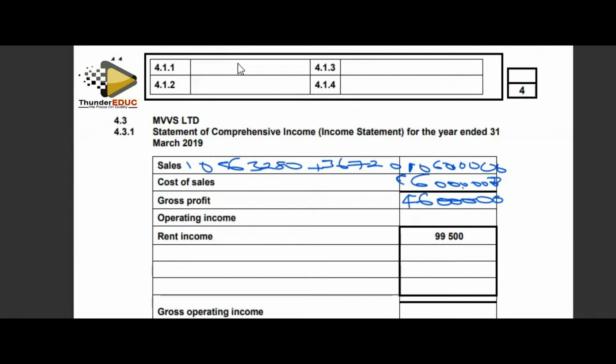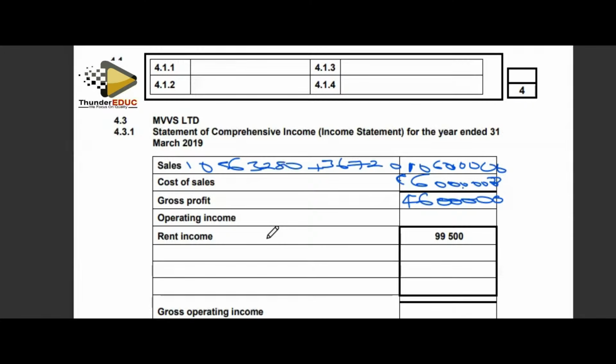So now we look at operating income. Now remember that operating income is coming from this box, okay? Already we are given the rent income. So in the paper, what is given to you, don't waste time on it, okay? We just use that figure to add it to other figures. So we have to look for the other items which fall under operating income.